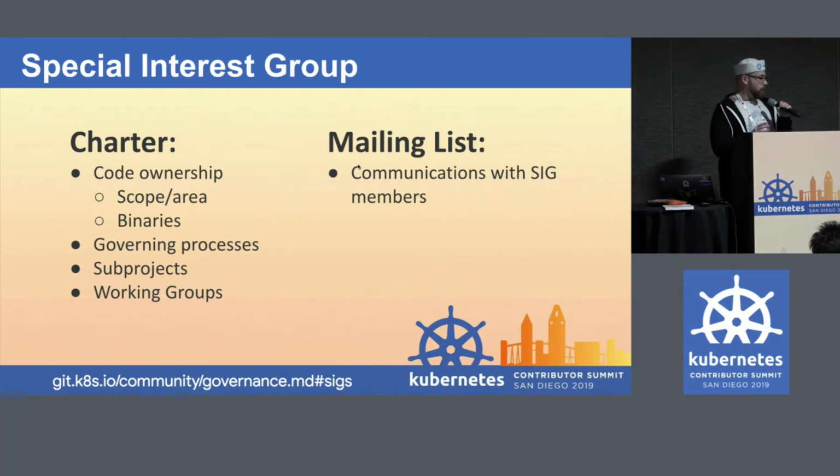If you just go to git.k8s.io/community, it's the community repo. Every SIG, every working group, every user group has a folder in this repo that outlines all this stuff. It includes their mailing list, their Slack channels, all their means of communication, all their subprojects. Everything is in the K community repo.